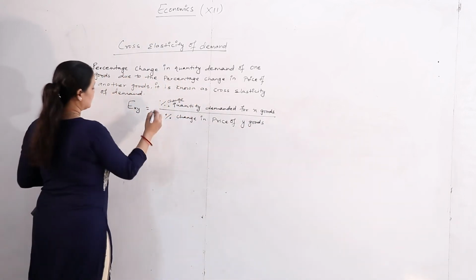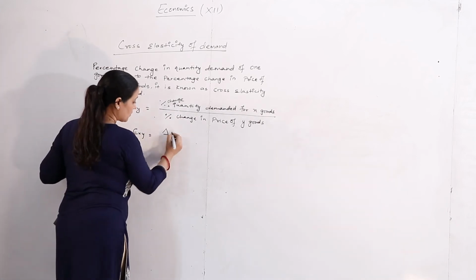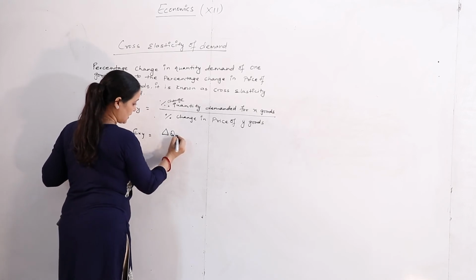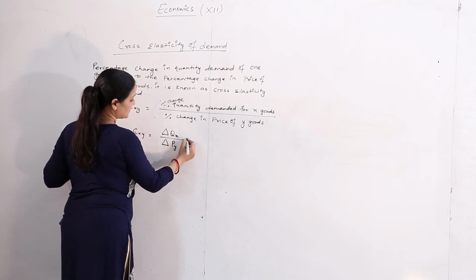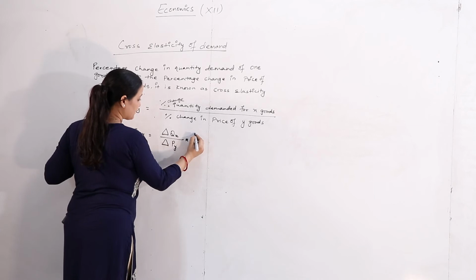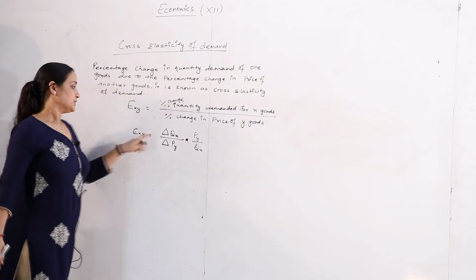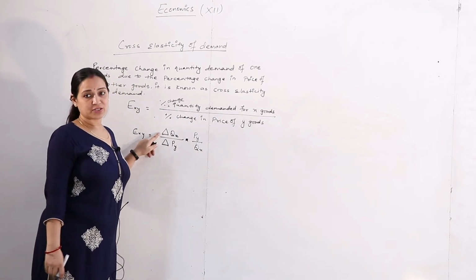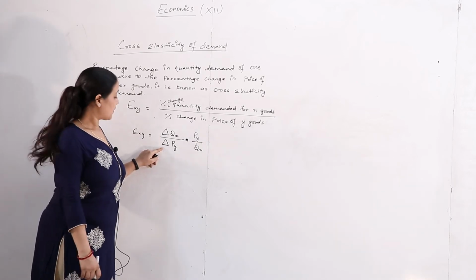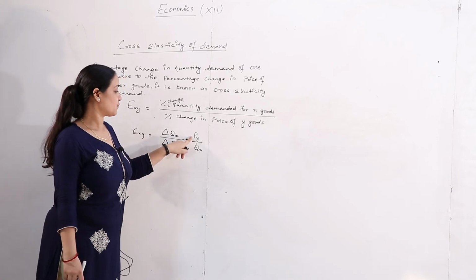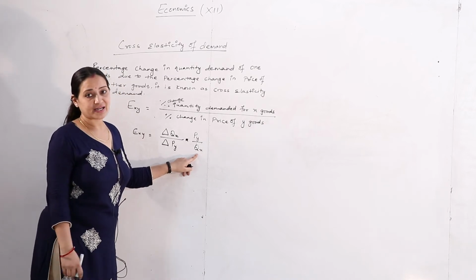Now in another short form we can write cross elasticity of demand as the change in quantity demanded for X goods due to the change in price of Y goods, multiplied by the price of Y goods over the quantity demanded for X goods, where delta QX represents the change in quantity demanded for X goods and delta PY shows the change in price of Y goods, and PY means the original price of Y goods and QX means the original quantity demanded for X goods.